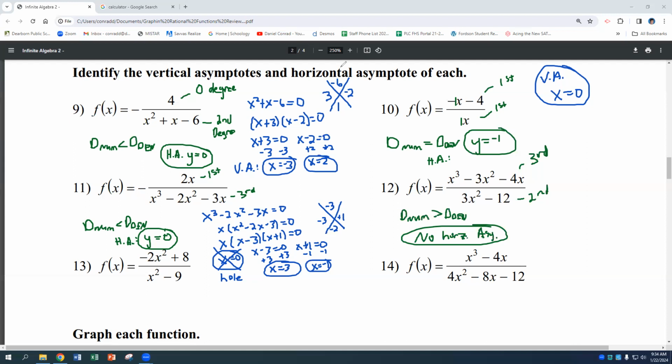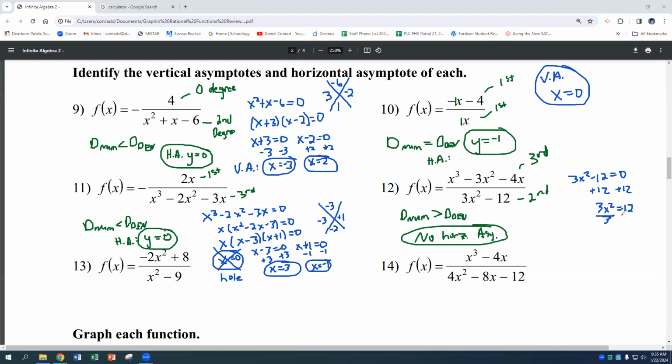Okay, for the denominator, we have 3x squared minus 12. We can set that equal to 0. We add 12 to both sides. We get 3x squared equals 12.